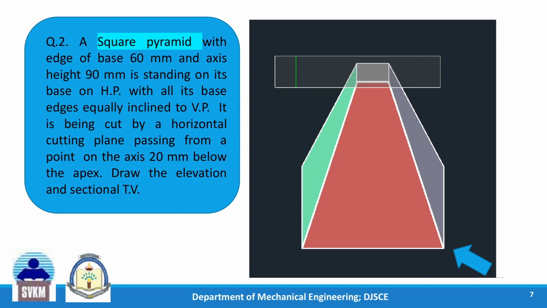These three slant edges will be visible in the front view, and the cutting plane is passing from a point on the axis 20 mm below the apex. The top portion is removed, so this is what is done. And this is the section, the true shape of the section, because the cutting plane is horizontal. Now let us solve this on AutoCAD.